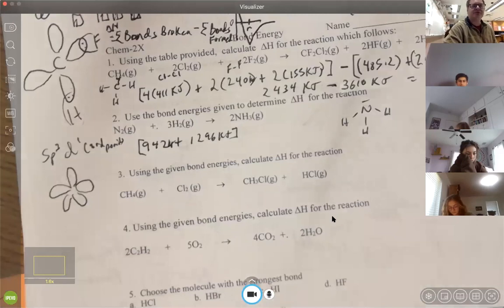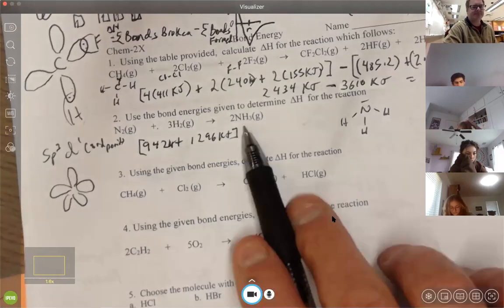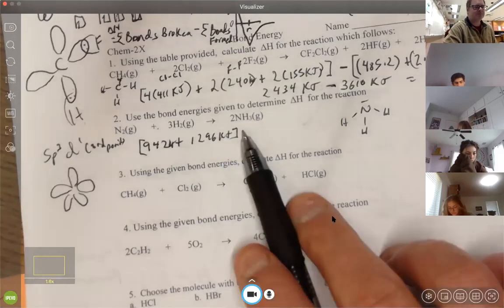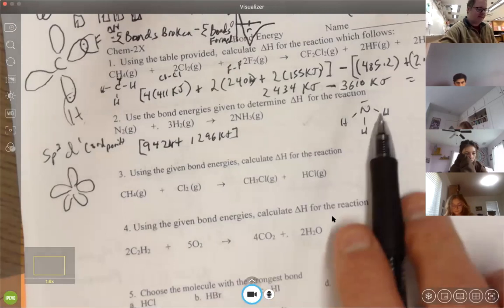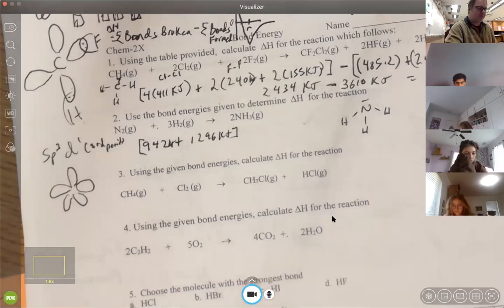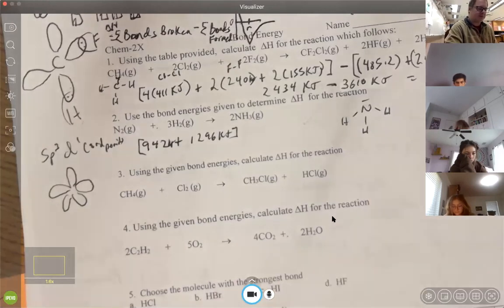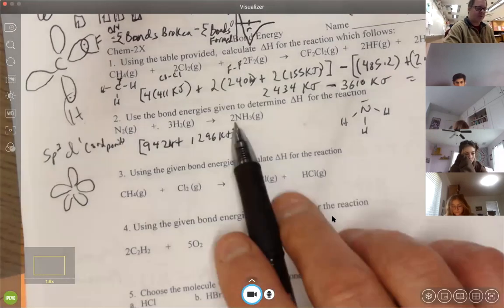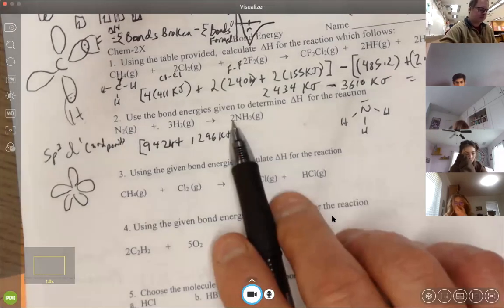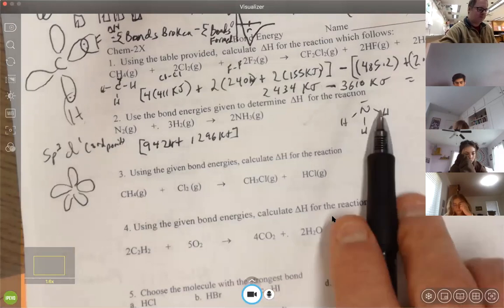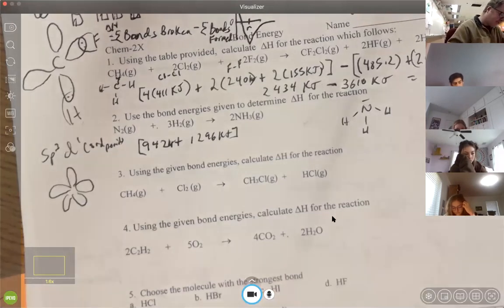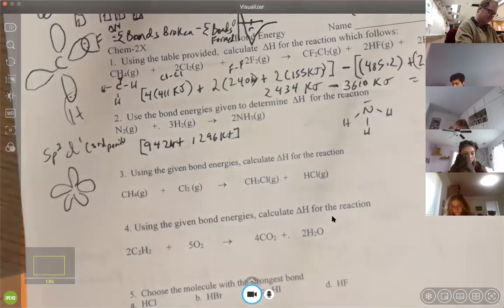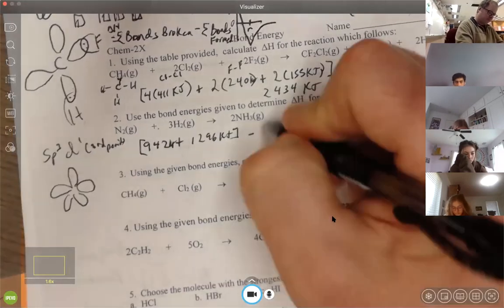But we have 2 moles of that. Is that too fast? We have 3 hydrogen nitrogen bonds, each one at 386, but we have 2 moles of that. So basically we have 2 sets of 3, each one being 386. 6 times 386 is 2,316.